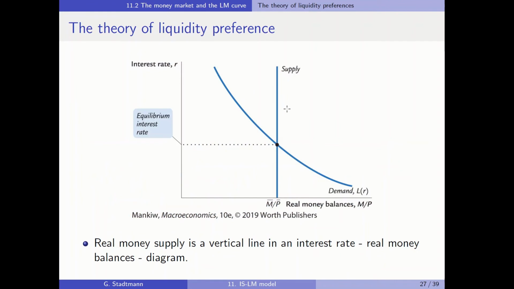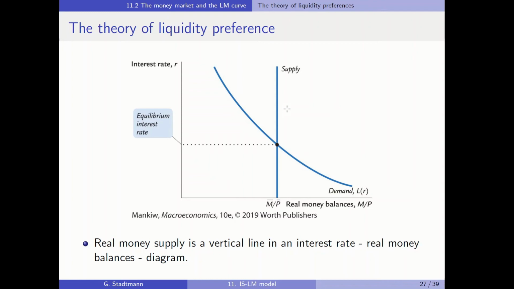In this graph, money supply is a vertical line. So in a first step, we want to work in a diagram where we have the interest rate on the vertical axis and real money balances on the horizontal axis. Money supply does not depend on the interest rate, and therefore it is a vertical line.